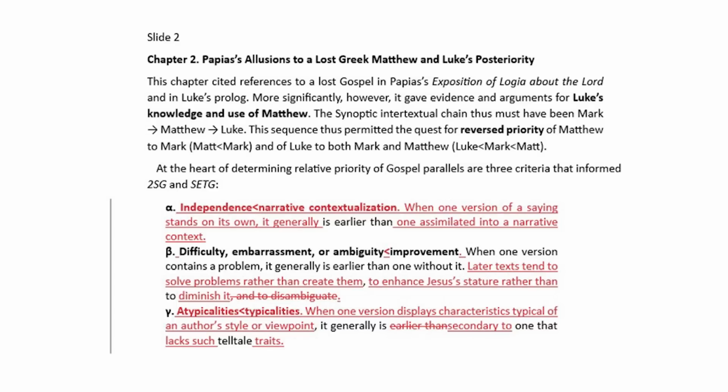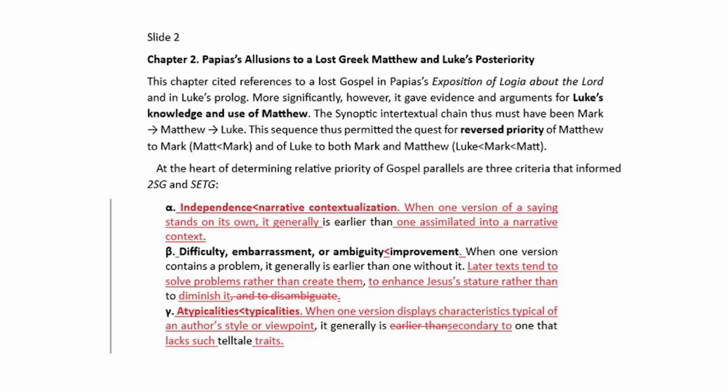Now, in the red, you can see the highlighting of what these criteria are for inverted priority. First, the independence of a saying is more primitive than its narrative contextualization.